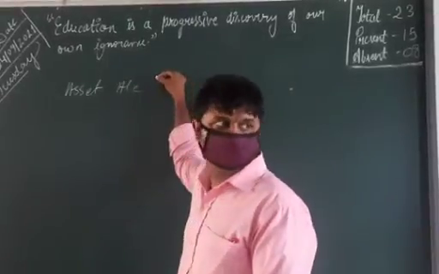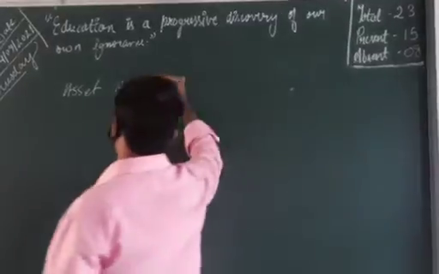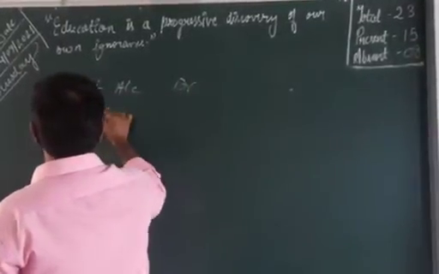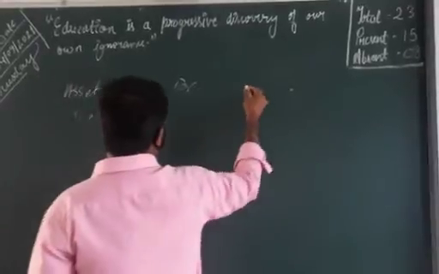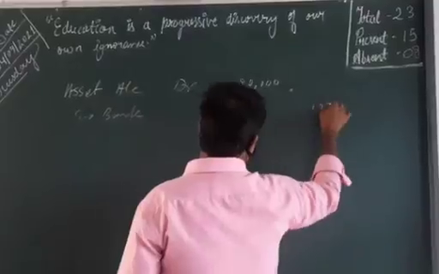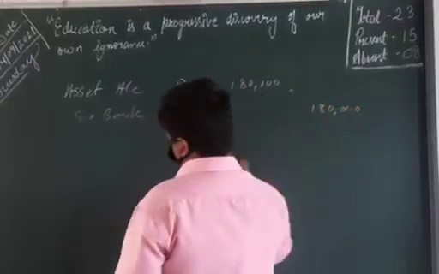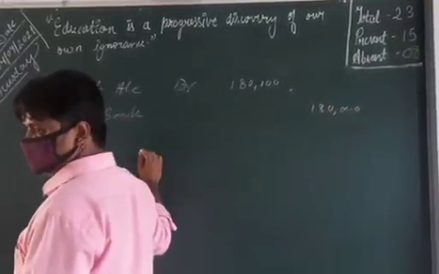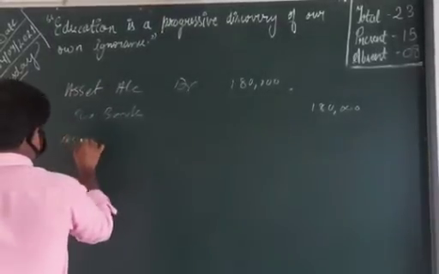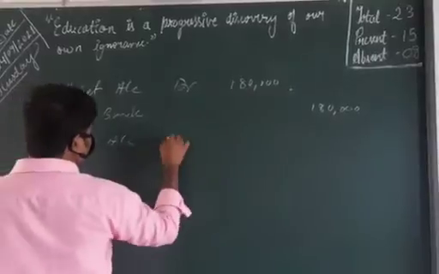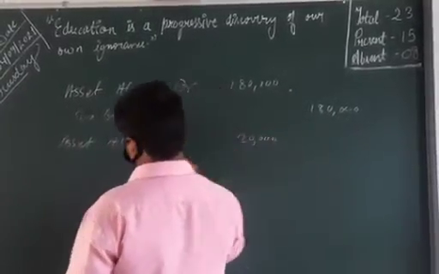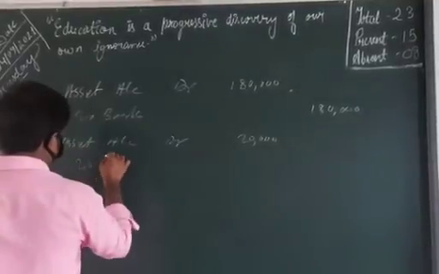When you are making the entry, the format is compulsory. Asset account debit, to bank. The amount is 1,80,000. Next is the installation charge. That is also debited to the asset account itself. Amount is 20,000. To bank or cash.